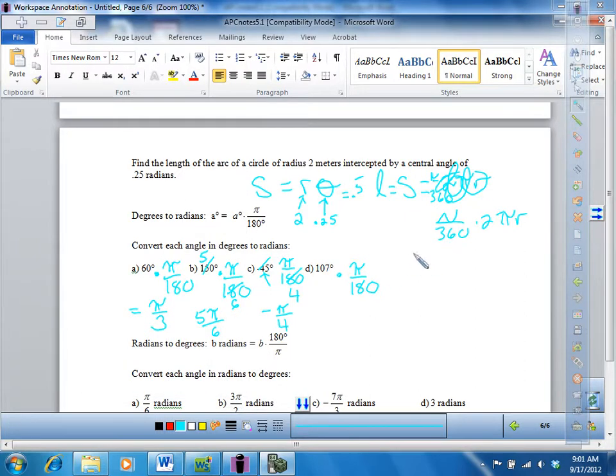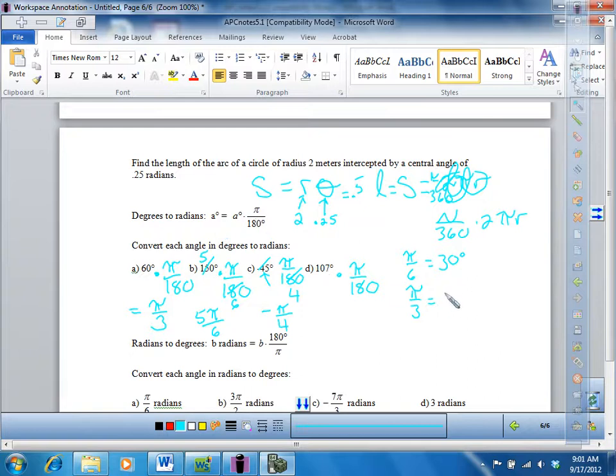Now another very useful thing to remember that works really well: pi over 6 is 30 degrees. Okay? Pi over 3 is, since there are pi radians in 180 degrees, right?